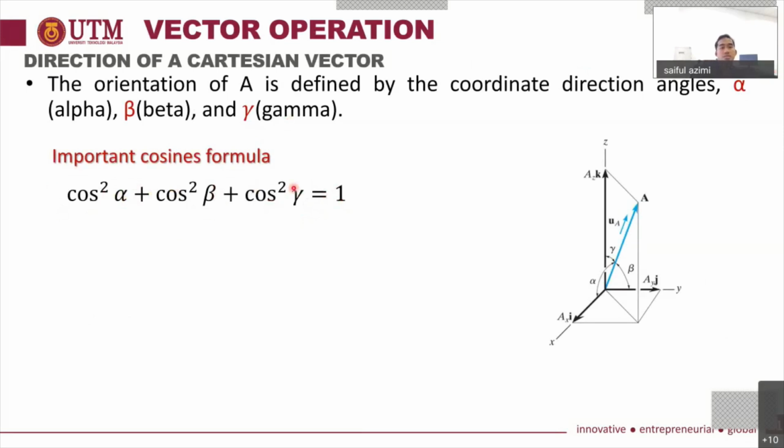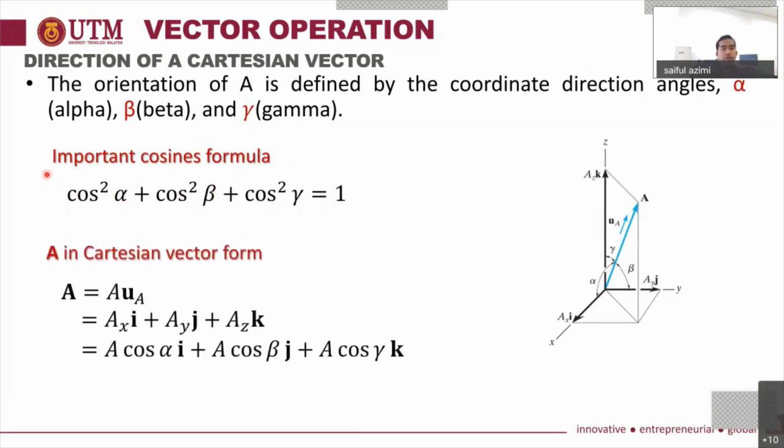This is one of the important cosine formulas in order for you to find the orientation of the angles for your 3D Cartesian representation. So you must know this formula. Right, so A in Cartesian vector form. Right now we want to express the resultant force A in Cartesian vector form.